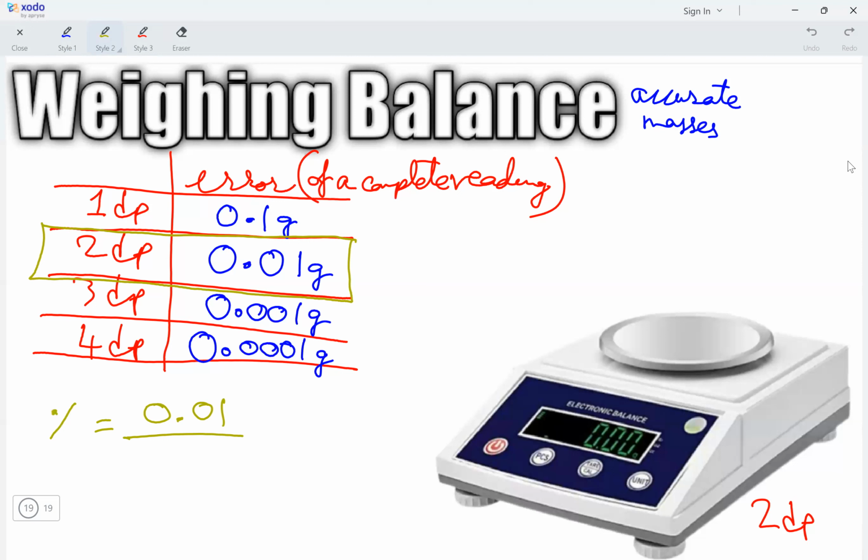So the error would be 0.01 divided by 25 and times 100, giving us a percentage error of 0.04%, which is a very small error. So this error makes certain that the mass measured using a digital weighing balance is highly accurate.